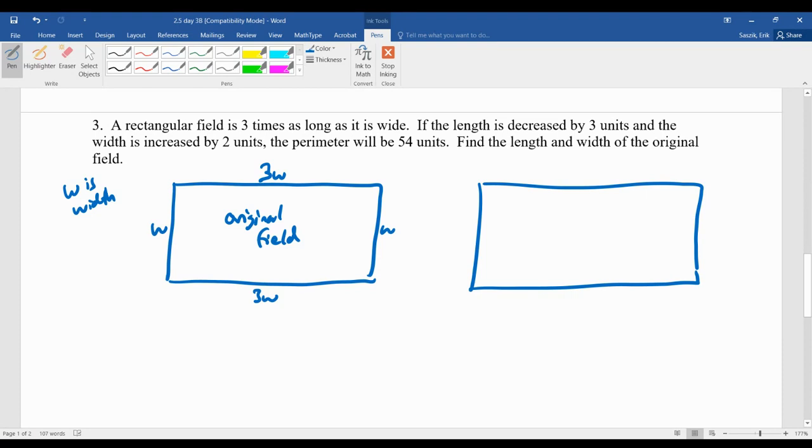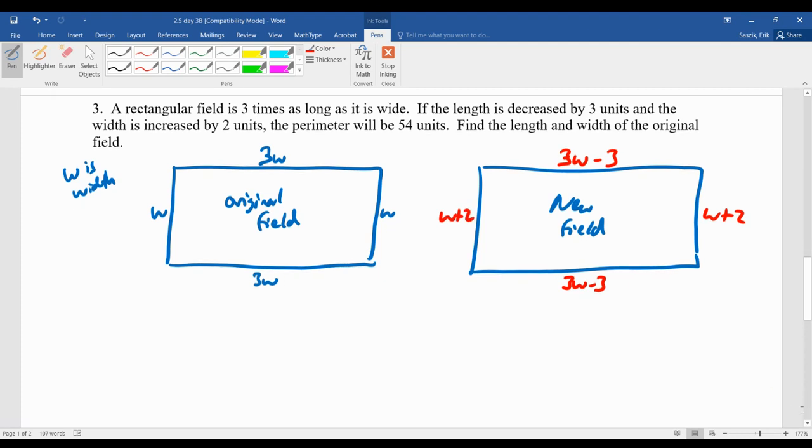Now, that's the original field. This is the new field. Now, what does it say about the new field? It says if the length is decreased by 3 units, that means 3 units smaller, so we'd subtract 3. And the width is increased by 2 units, so this would be W plus 2. The perimeter will be 54. So we're working with the new field now.